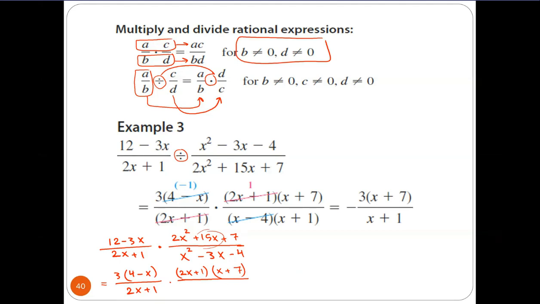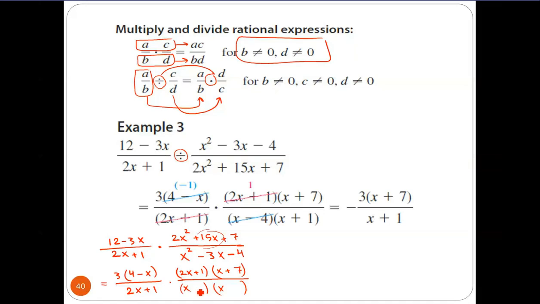In the denominator also, we have x squared minus 3x minus 4, x with x, and negative 4 with positive 1, or negative 1 with positive 4.